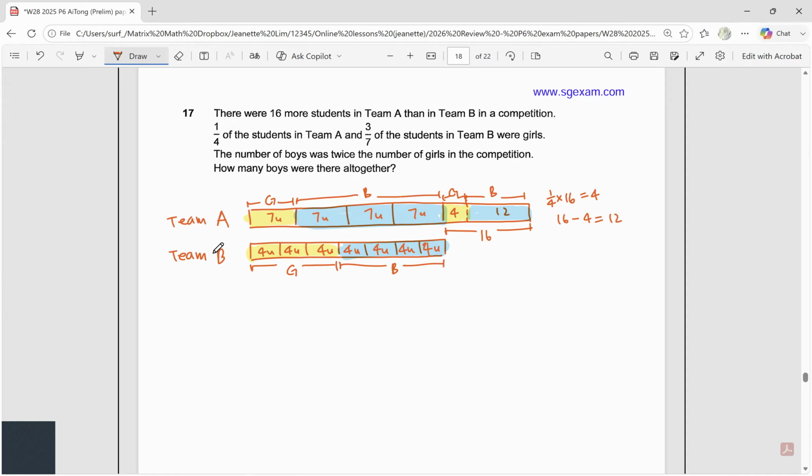So boys twice of girls. Boys how many units? How much in total based on the model? And then girls how much in total based on the model? So total girls would be 7U plus 4 from team A and then 12U from team B. So total 19U plus 4.